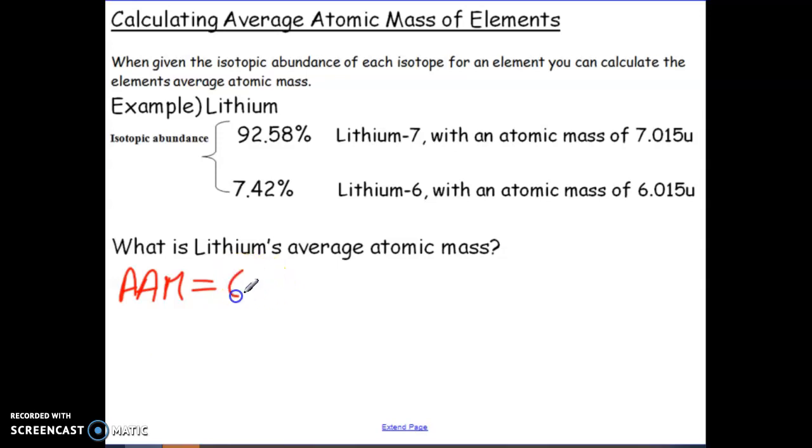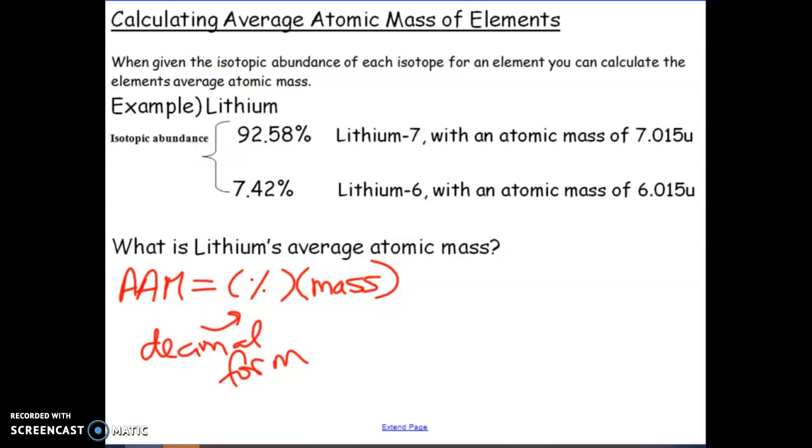You take your isotope percentage, but this must be in decimal form, which means you divide the percentage by 100 and multiply it by the mass for that isotope. Then you do the same thing for the second isotope: you take the percent abundance in decimal form and multiply by the mass for that isotope.